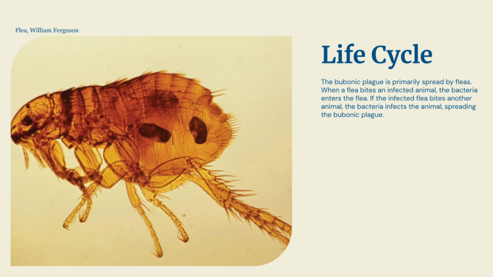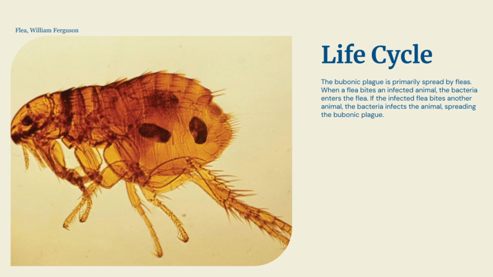And as that animal gets the infection and the infection spreads into their blood, then if other fleas bite that animal, they too will get Yersinia pestis in their stomachs as they drink that animal's blood.